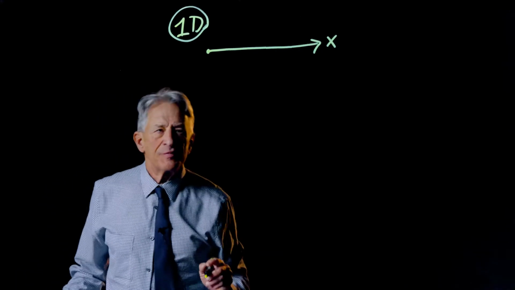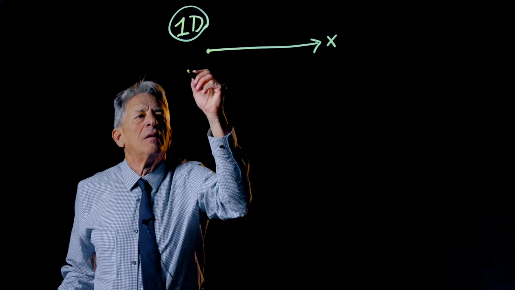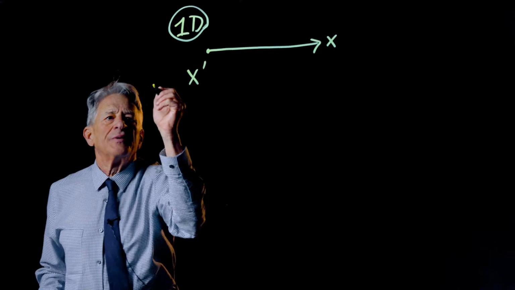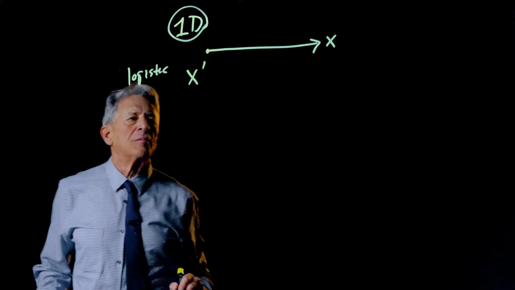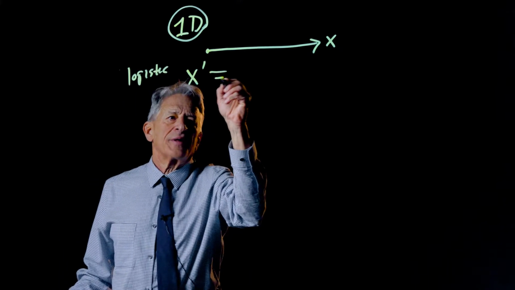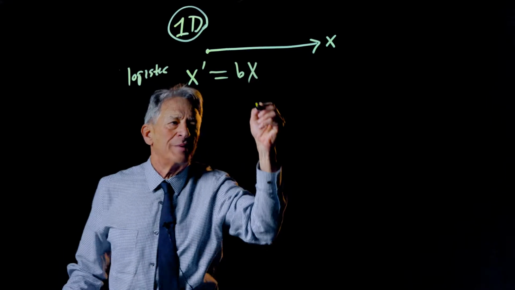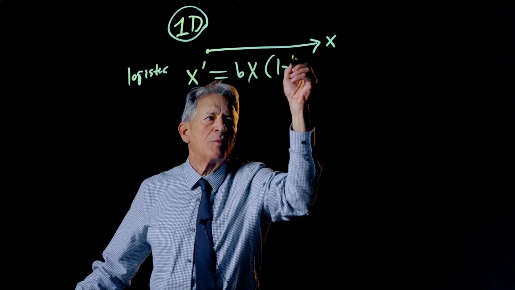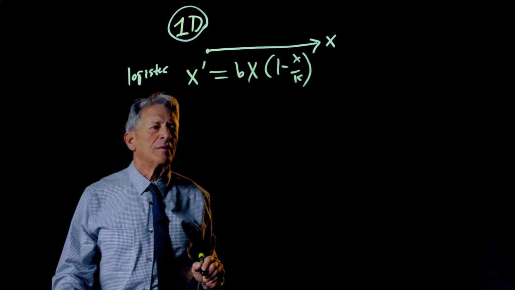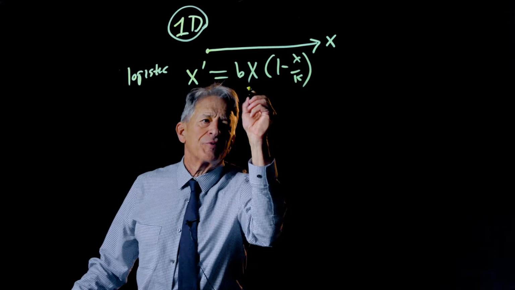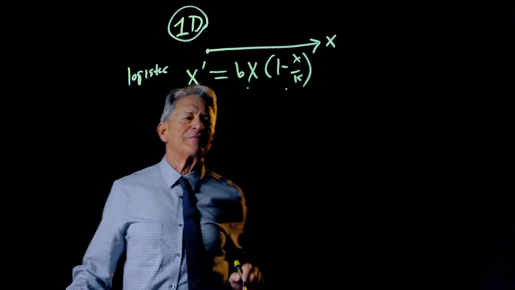And I want to use as my example the vector field of what is called the logistic model. And that's x prime equals bx times 1 minus x over k. And you remember that this is the birth rate and this is the crowding factor.